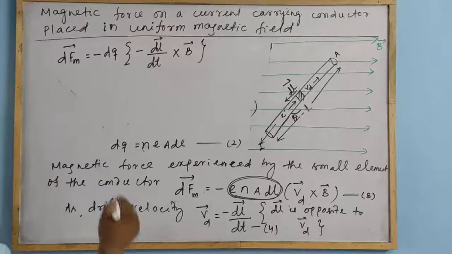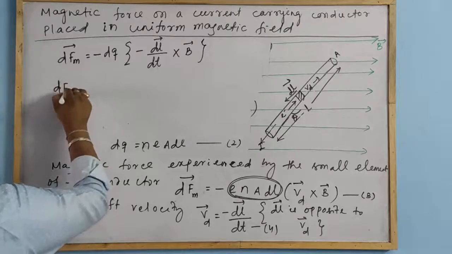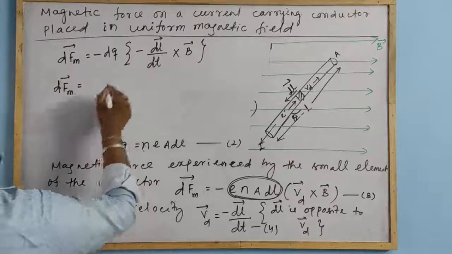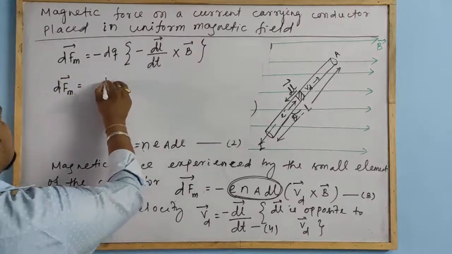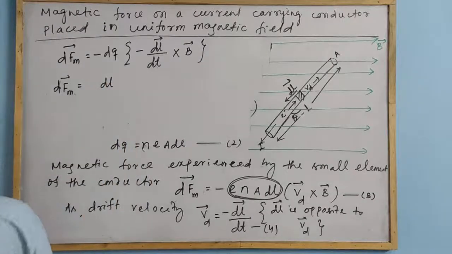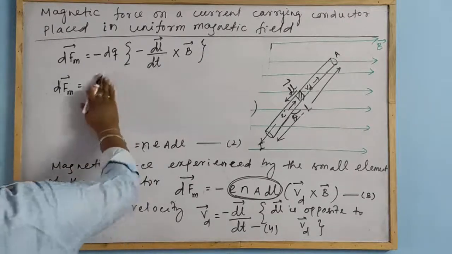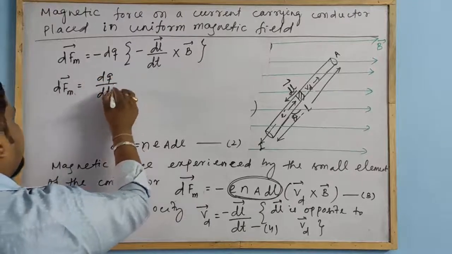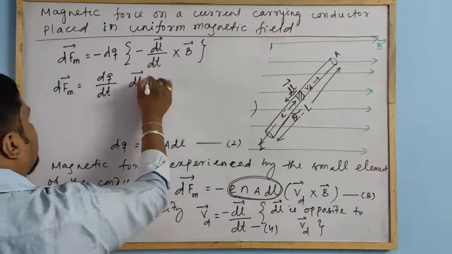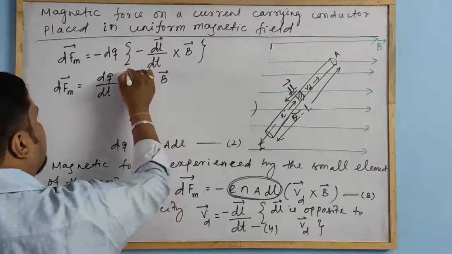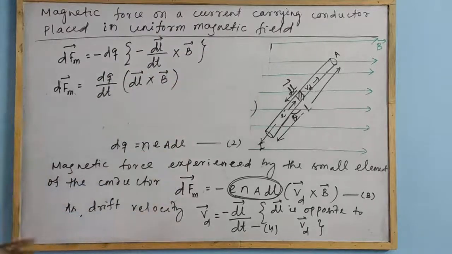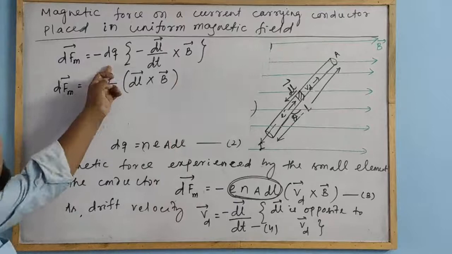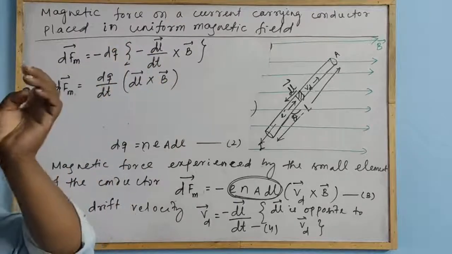So minus minus plus, so I can write dFm is equal to plus dq by dt, dl cross B. Minus and plus, so dt can be written here or here, this is the same thing, right?